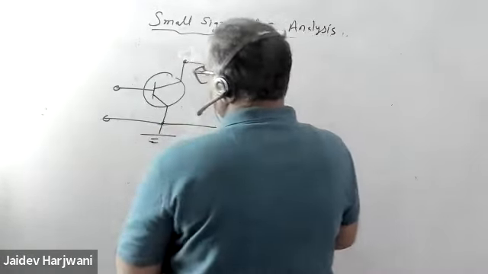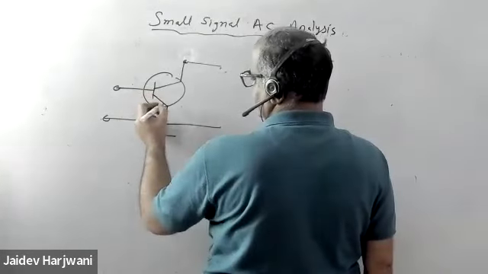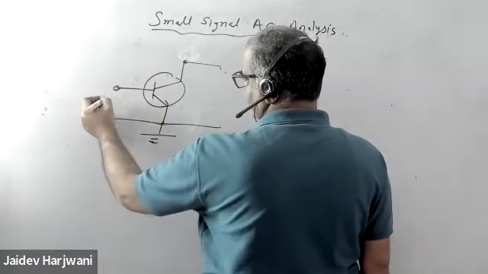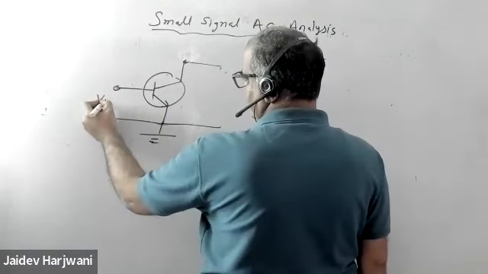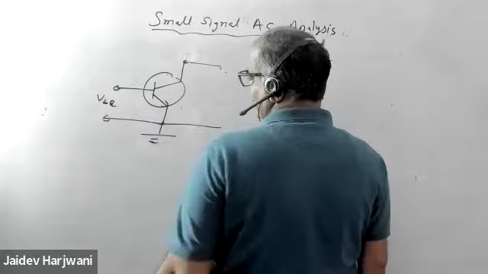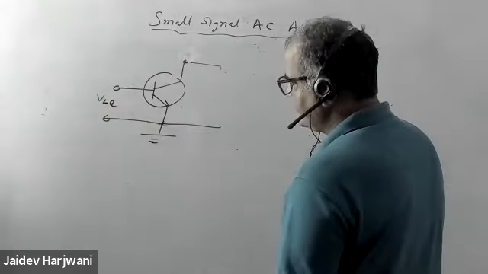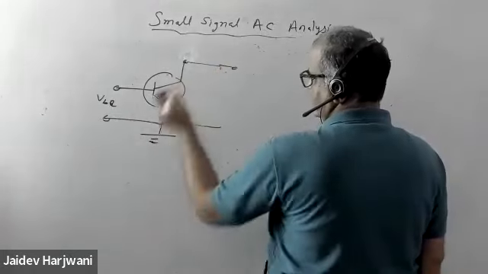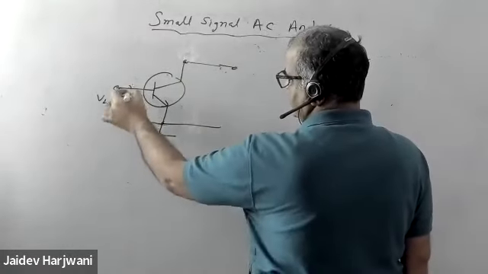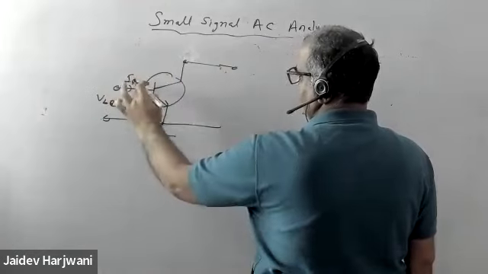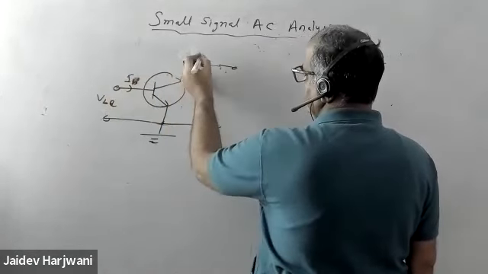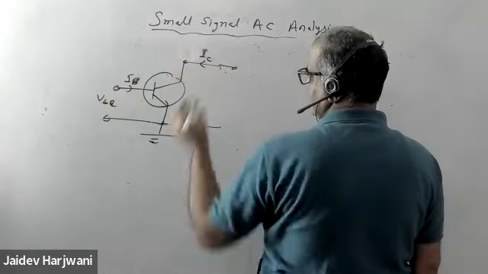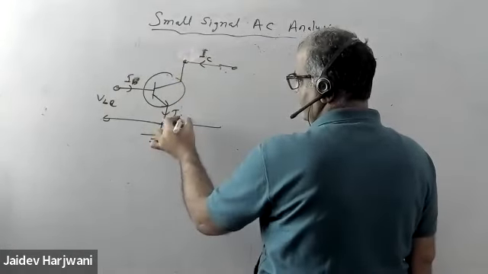Again say an NPN transistor. So this will be like this, and here I'm applying some input voltage, which in this case will be VBE. Because we're using AC, I'm using small symbols. So IB is coming here, IC is coming here, and then your IE is coming here.